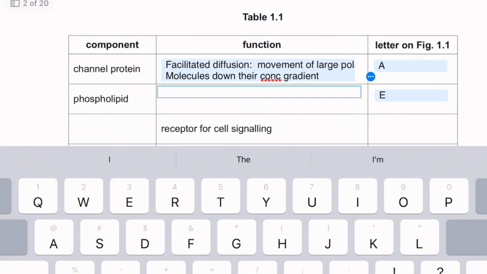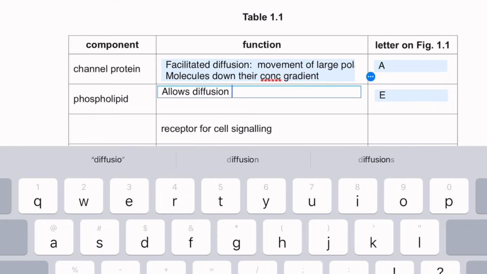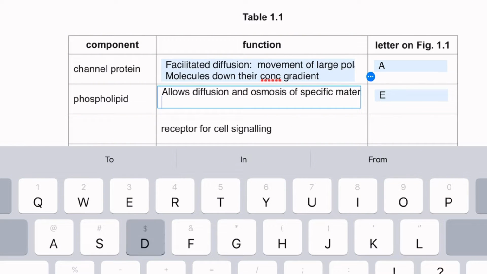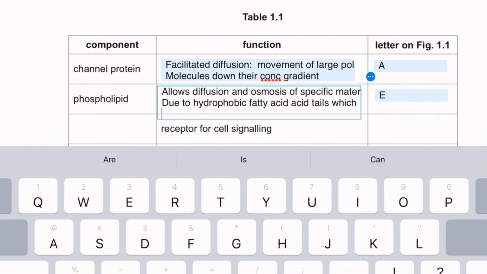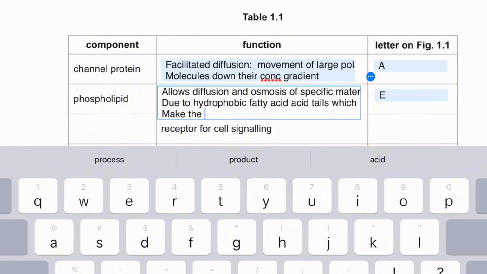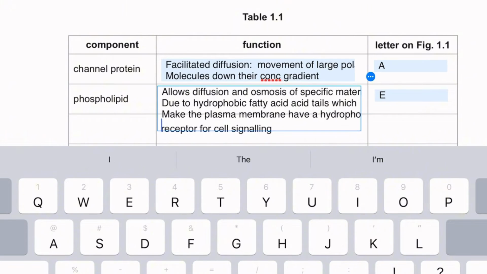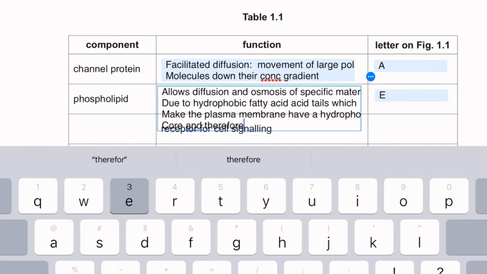So we could just mention it allows diffusion and osmosis of specific materials, and obviously this is due to the hydrophobic fatty acid tails, which make the plasma membrane have a hydrophobic inner core, and therefore partially permeable. Okay, now let's move on to the next one.